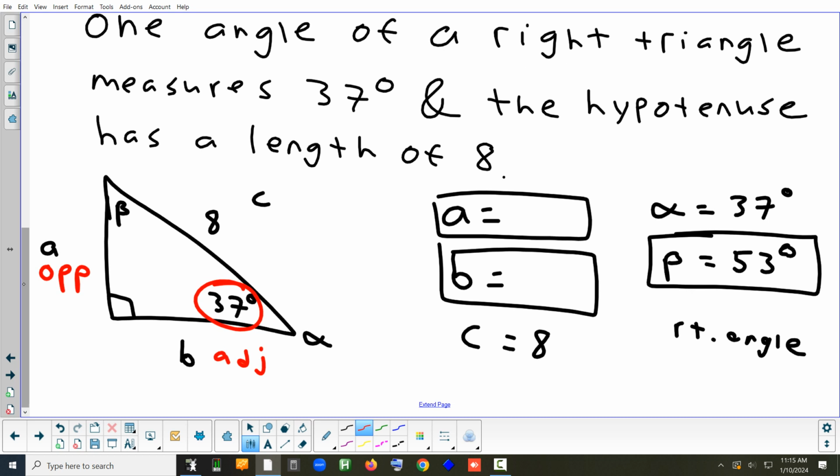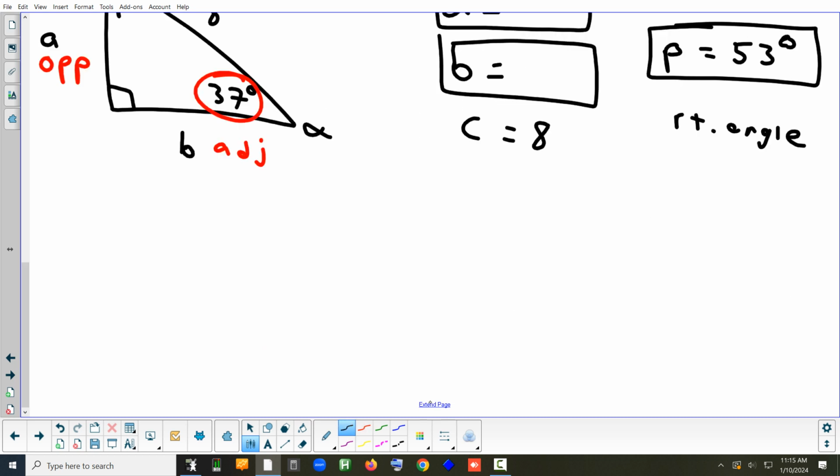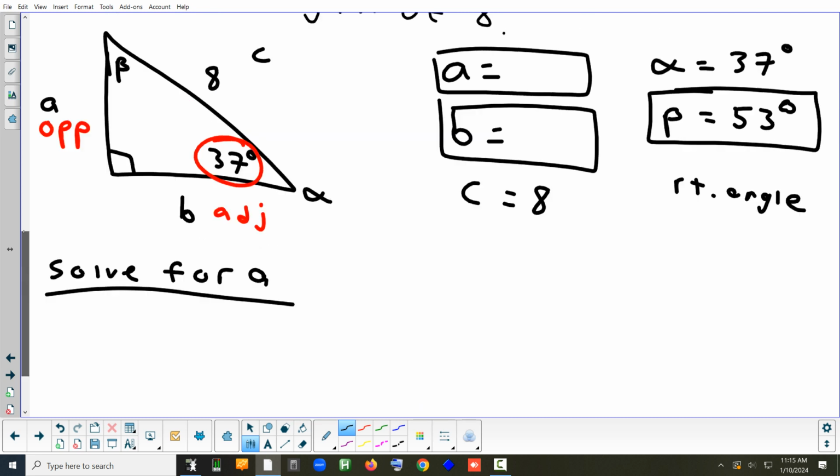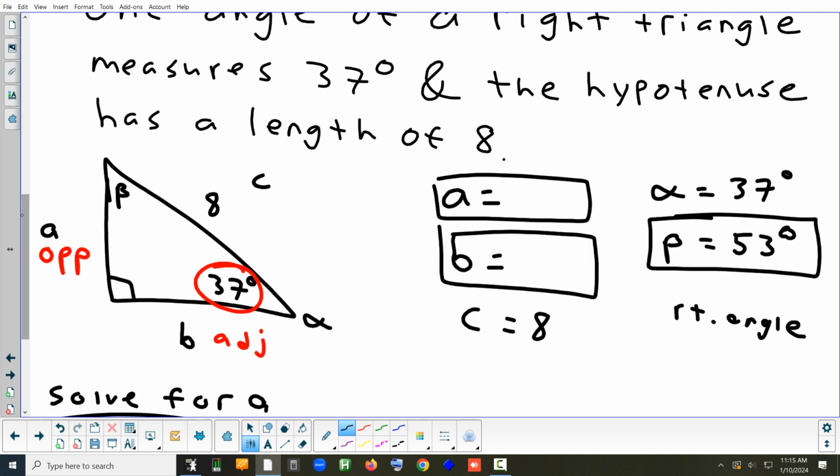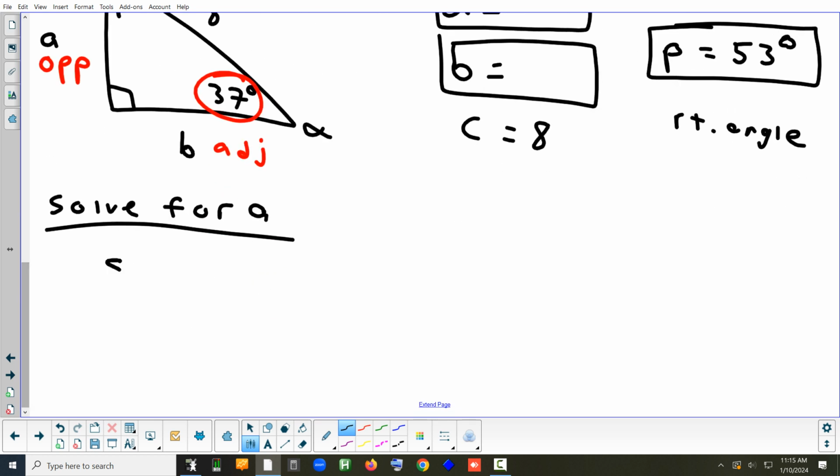If we're going to solve for A, A is the opposite. The side that I know is the hypotenuse. So I want the opposite. I know the hypotenuse. The only trig function out of sine, cosine, and tangent that has opposite and hypotenuse is sine. So you write sine.